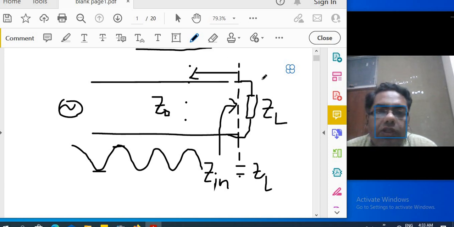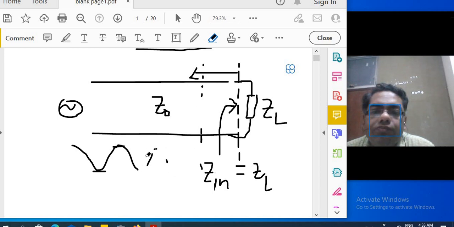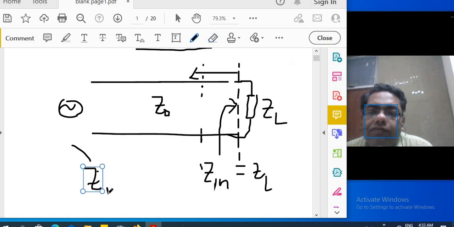Now, as we go away from the load end, at any one point on the transmission line, I may have an input impedance which is equal to Z0 plus jX.